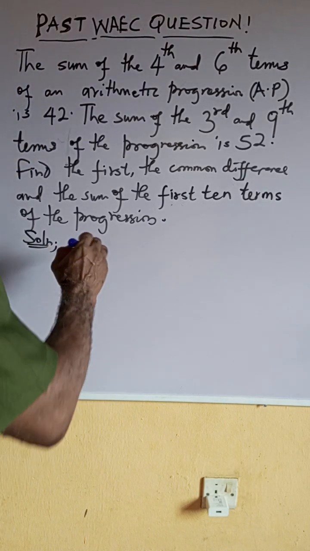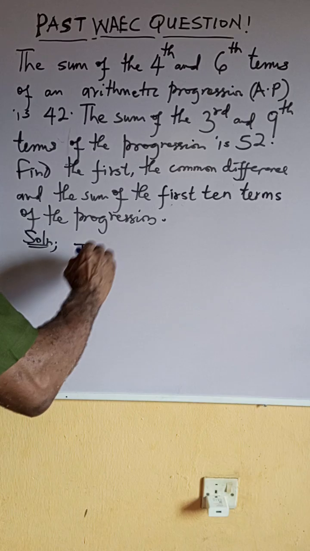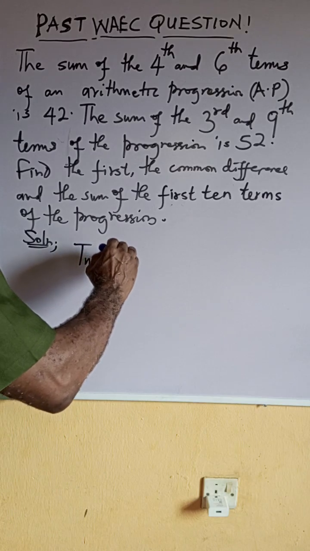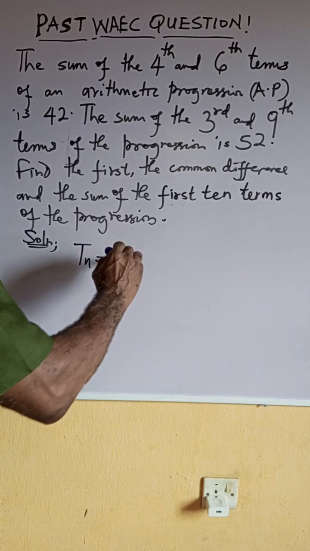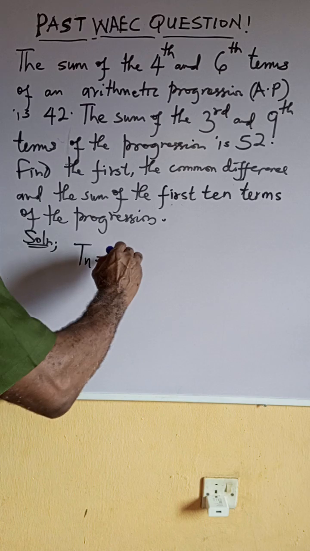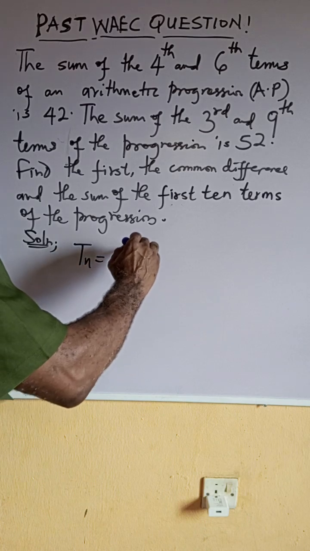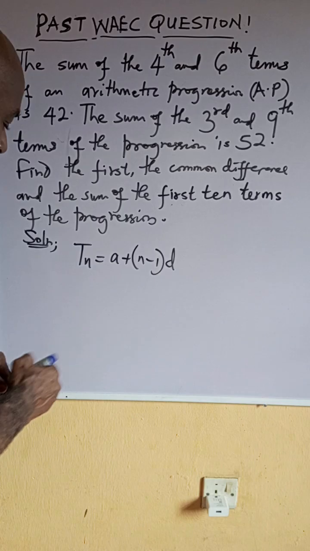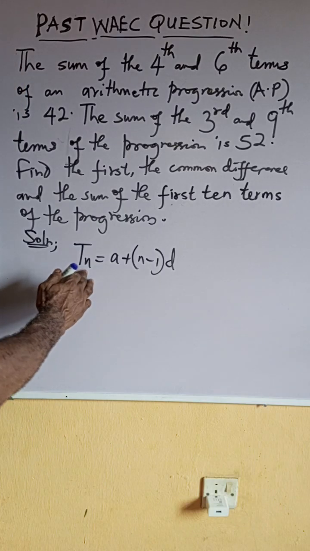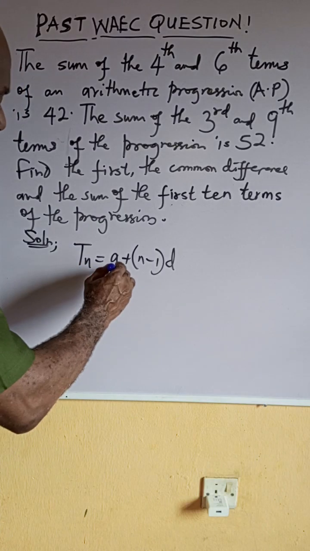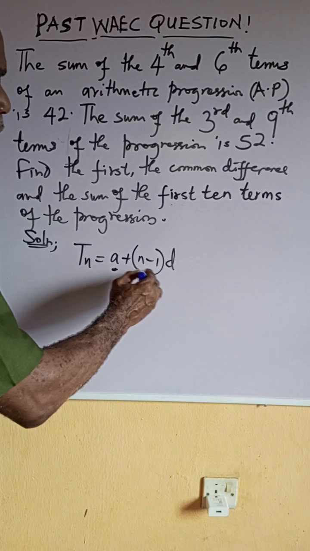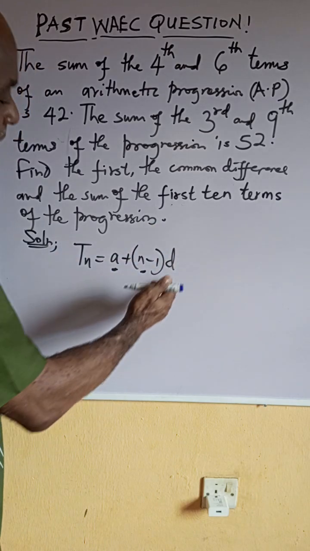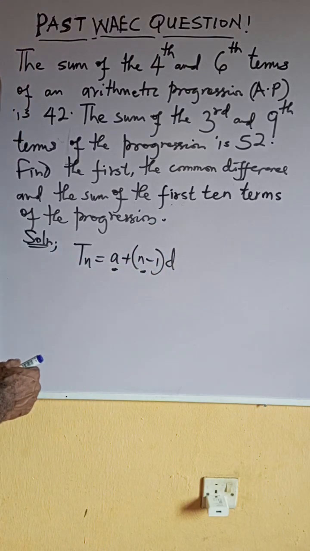Without wasting time, there is a formula that connects the nth term of an AP. T sub n is equal to A plus open bracket n minus 1 close bracket times D. This means the nth term, the first term, the number of terms of the sequence, and the common difference.